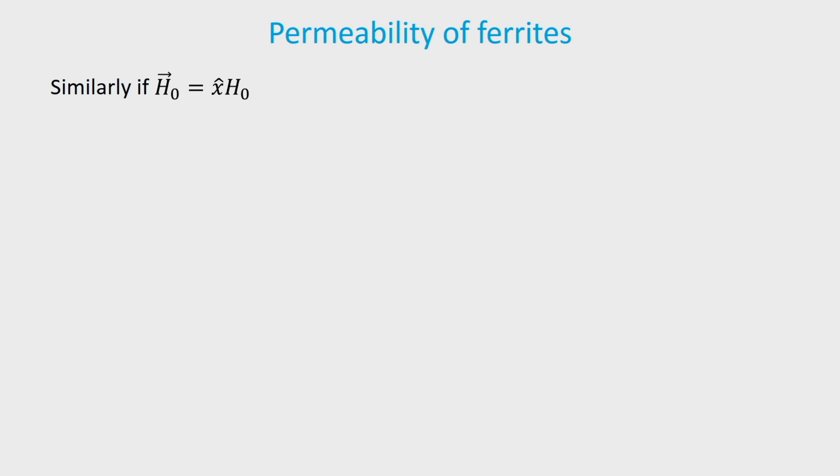If we change the bias, for example, if the biasing magnetic field is now placed along the x direction, then we will get mu to be equal to mu naught times the matrix [mu 0 0; 0 mu j kappa; 0 -j kappa mu].